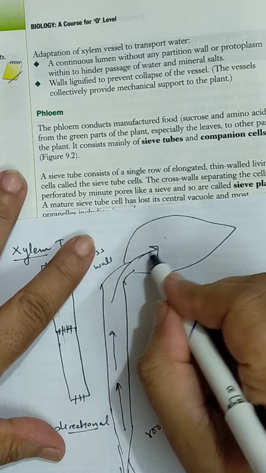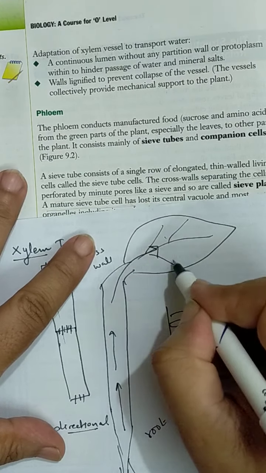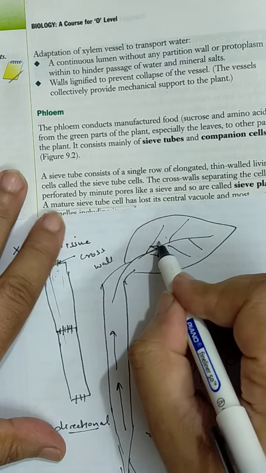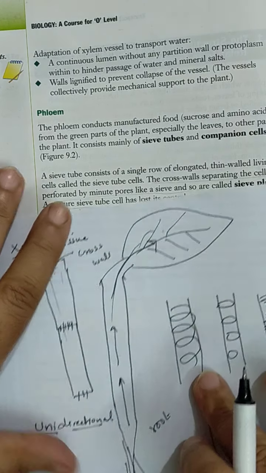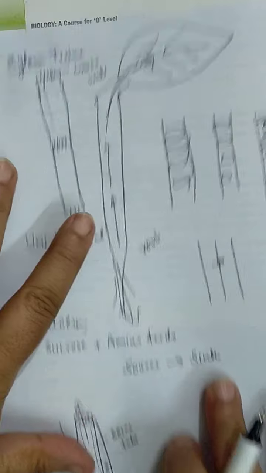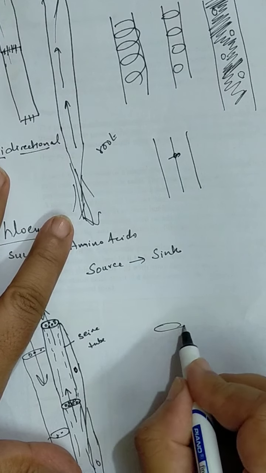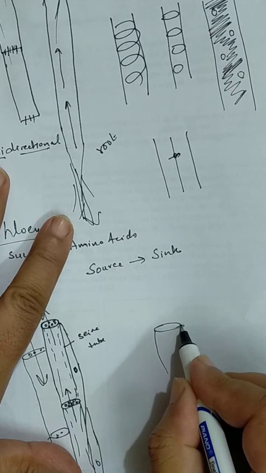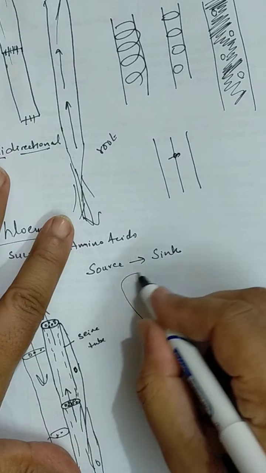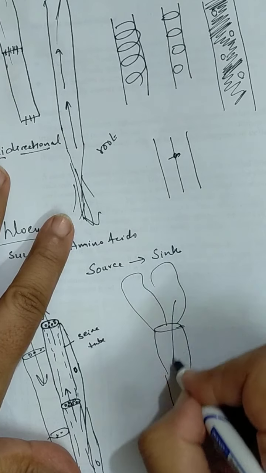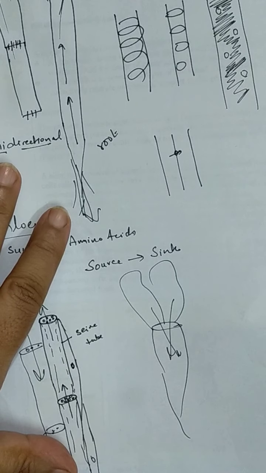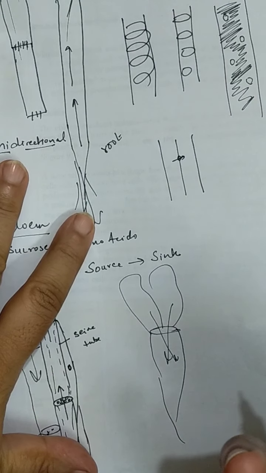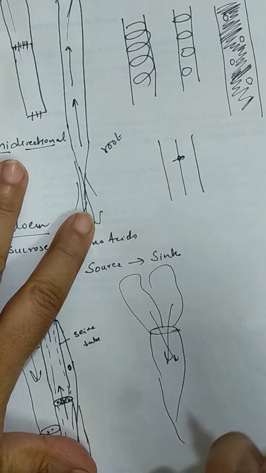For example, the direction of this food can be from leaf to root. In some plants, food is stored in the roots, for example carrot and radish: food is prepared in the leaf, transported, and stored in the root portion of the plant. In some cases, for example potato, food is stored in the stem tuber.